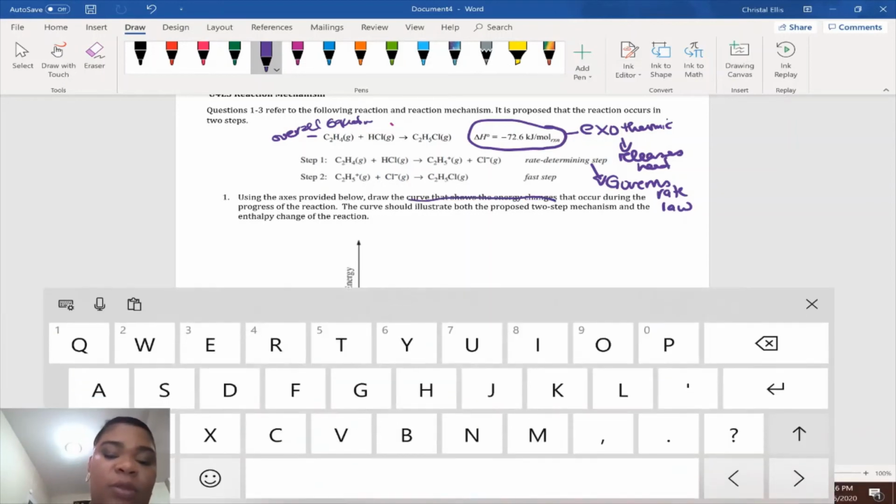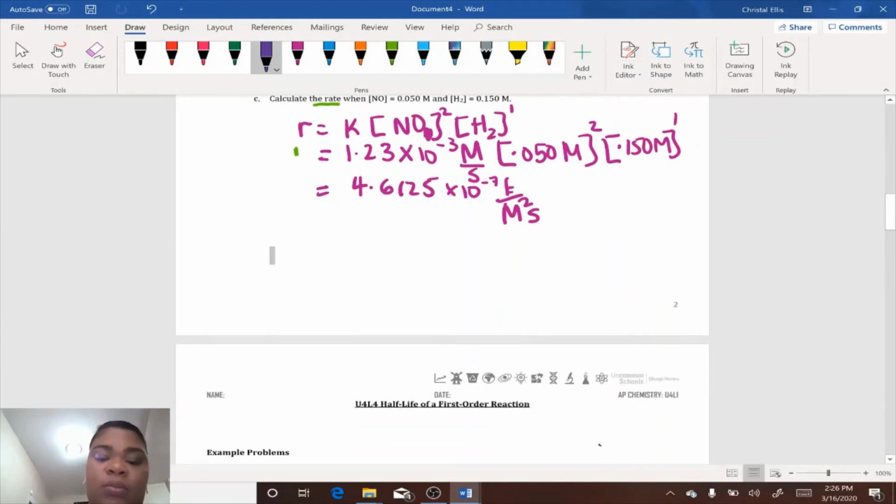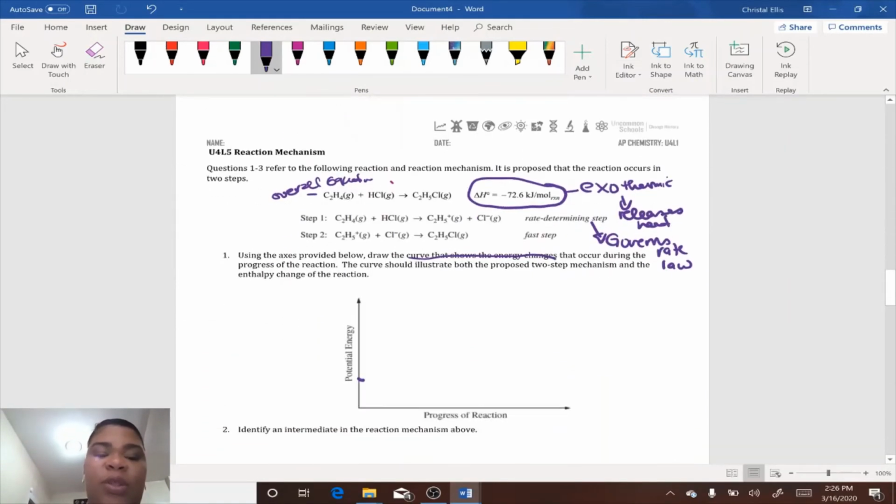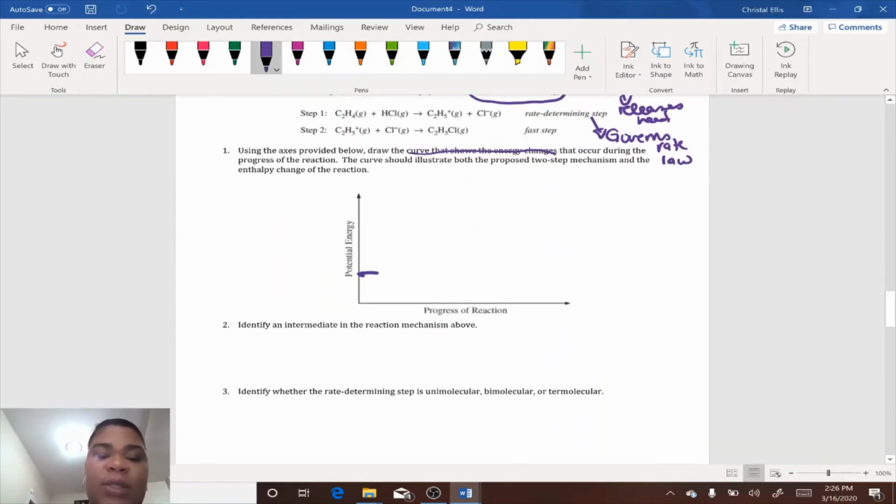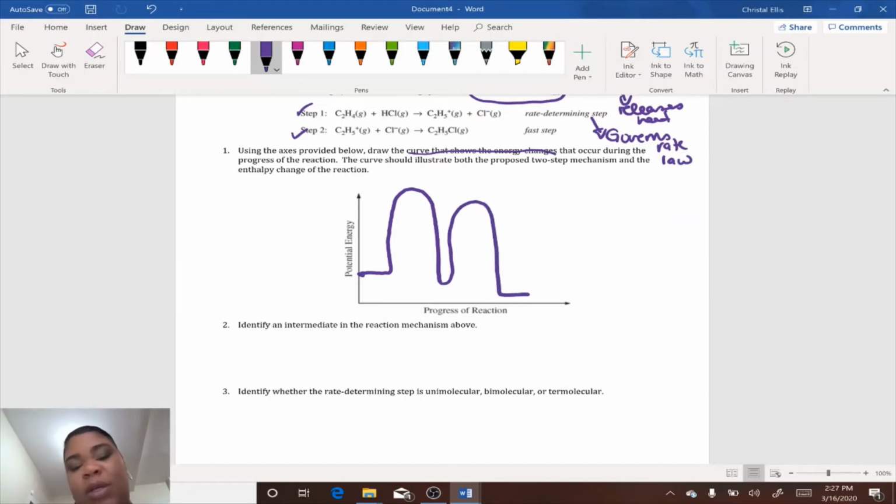We start out with our reactants, and it's 2 steps, so I just literally did the first step, and then I'm about to do the second step. And it's exothermic, so I'm going to stop it there.